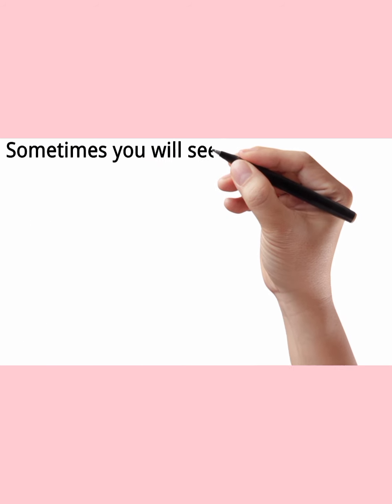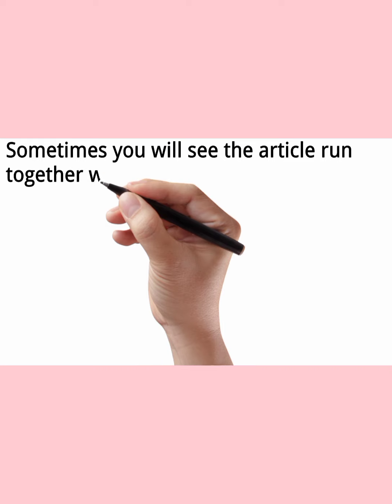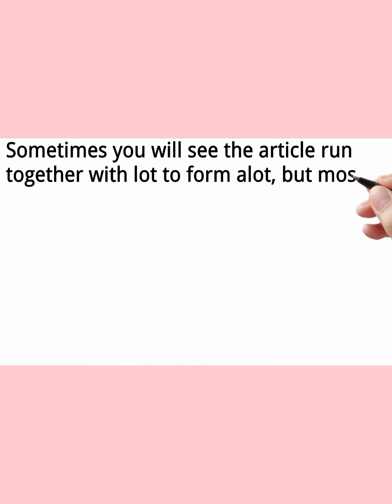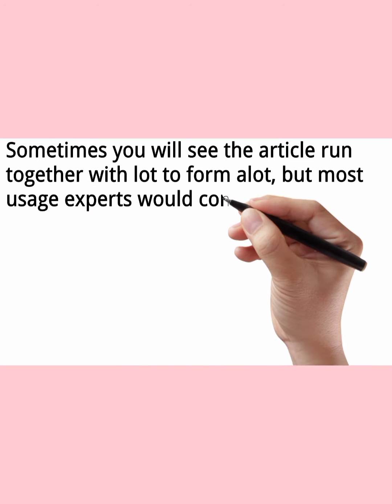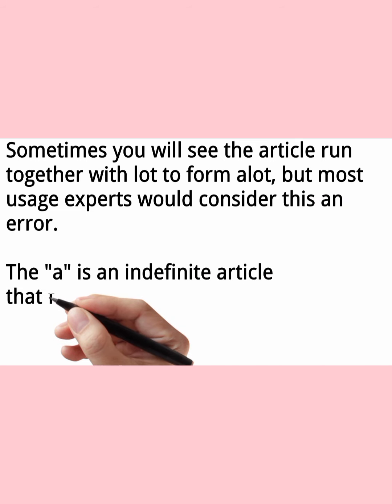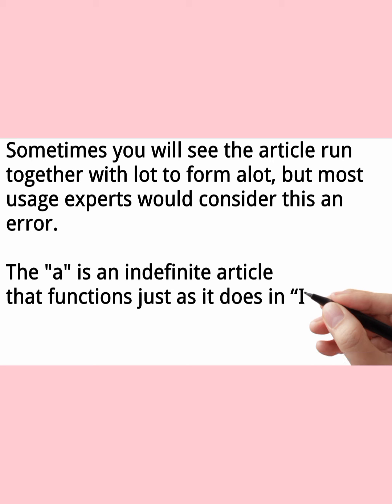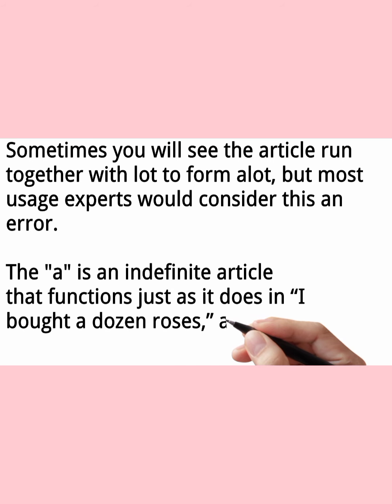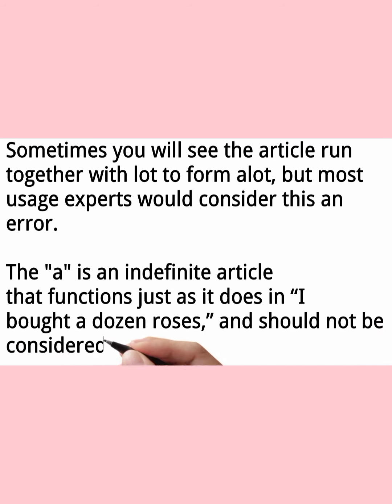Sometimes you will see the article run together with lot to form alot, but most usage experts would consider this an error. The a is an indefinite article that functions just as it does in I bought a dozen roses, and should not be considered part of the noun itself.